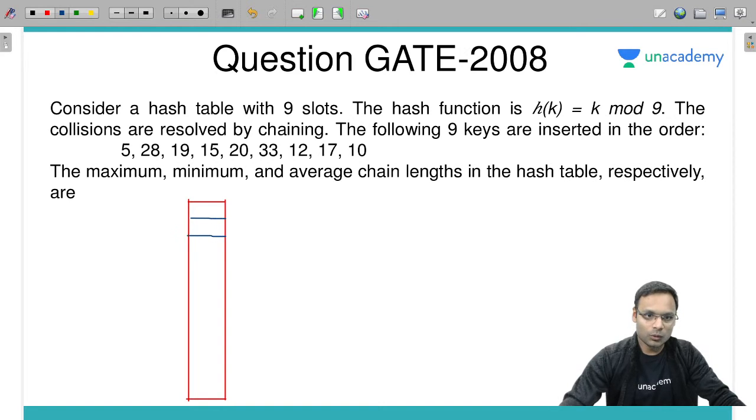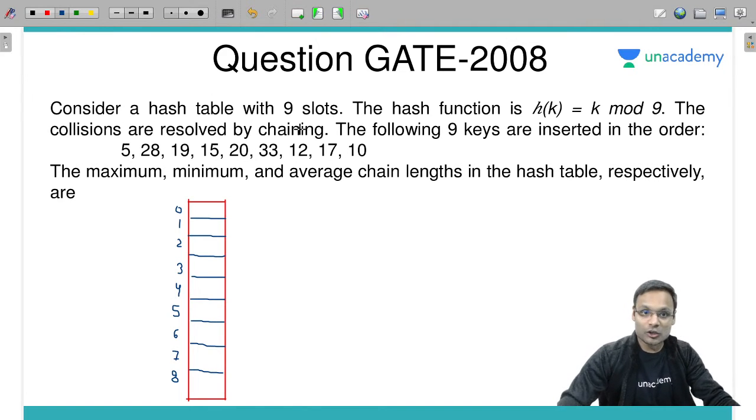Collisions are resolved using chaining. The following 9 keys are inserted in this order.